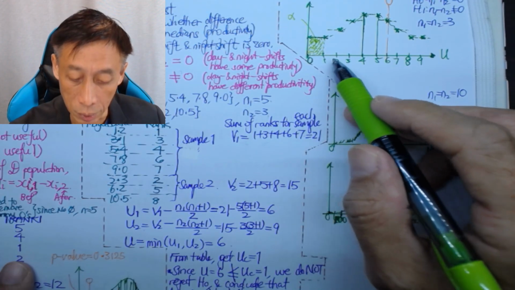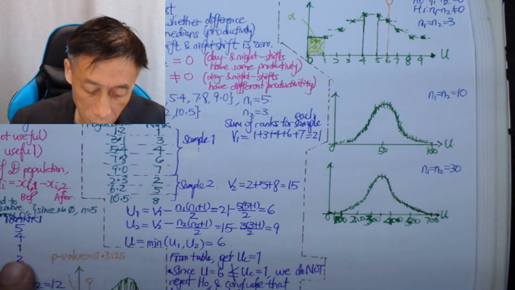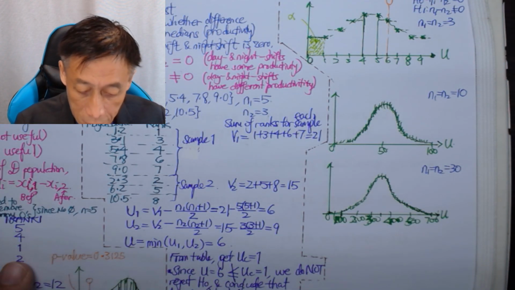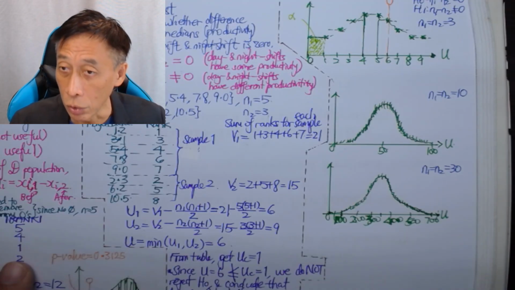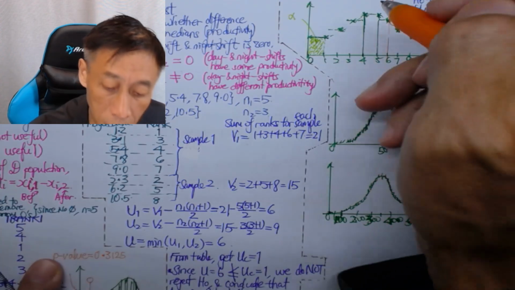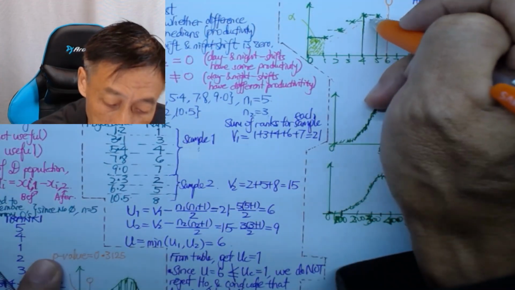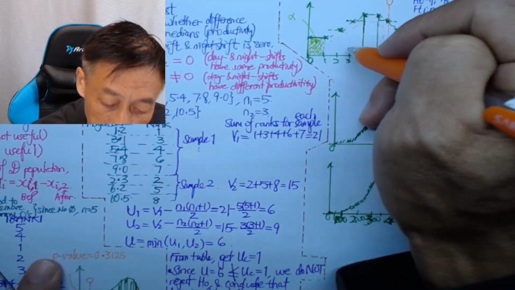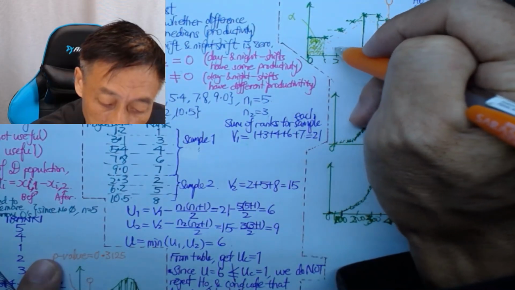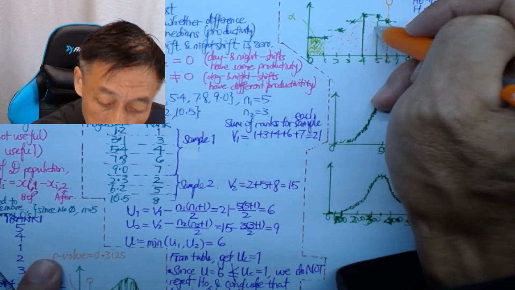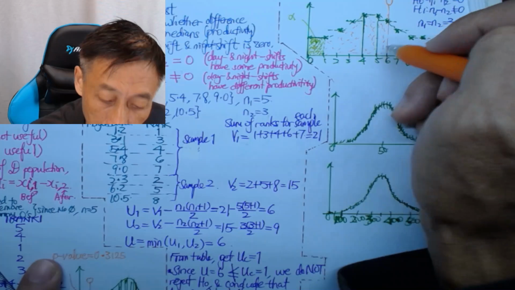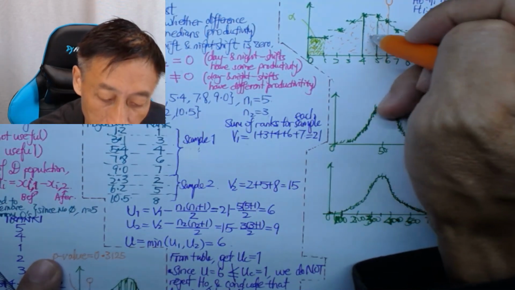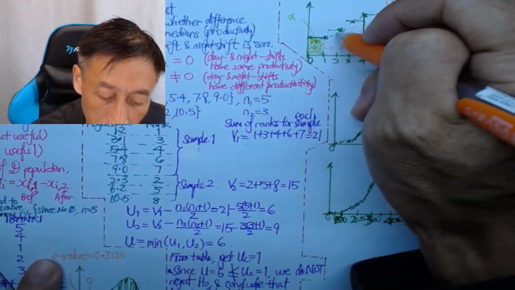And of course, where's our p-value? Our p-value is going to be something like this area. On this graph, it shows up as much larger than 50%, but more because I'm using 3 and 3, not 5 and 3.